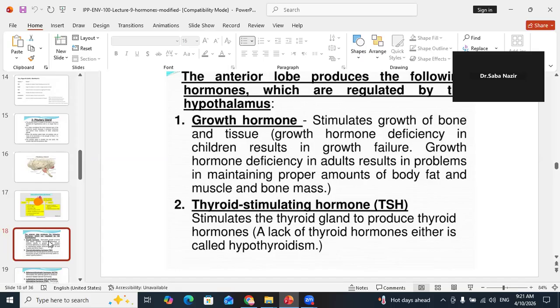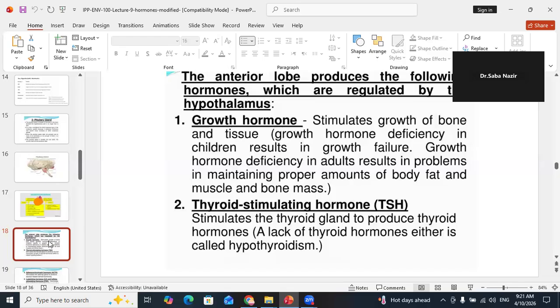Sometimes we can witness that a child is not growing. So sometimes doctors suggest undergoing a hormone profile test to check whether the hormones are produced in enough quantity or not, because these hormones can be regulated by medication.